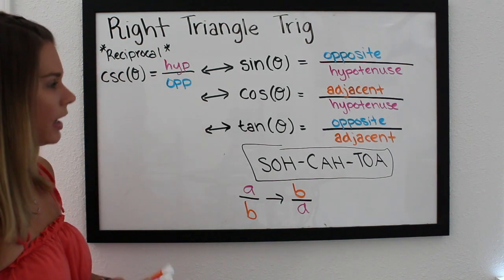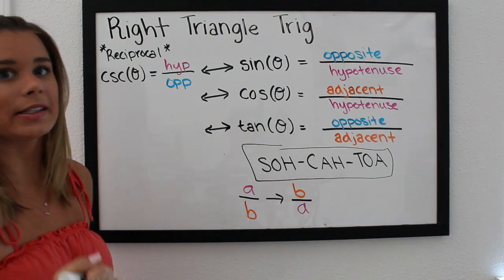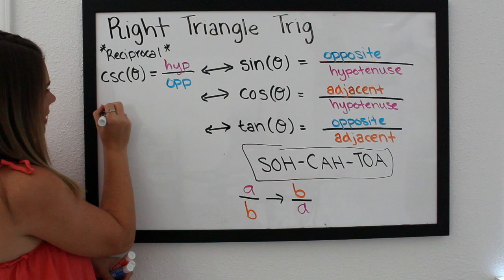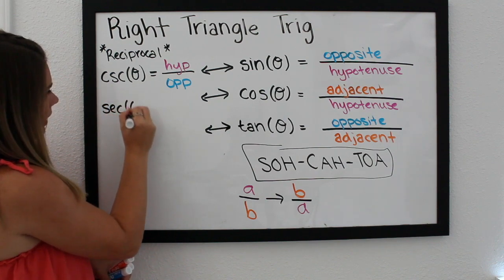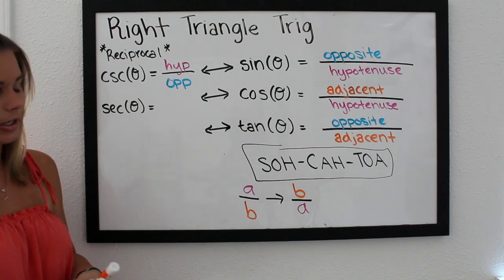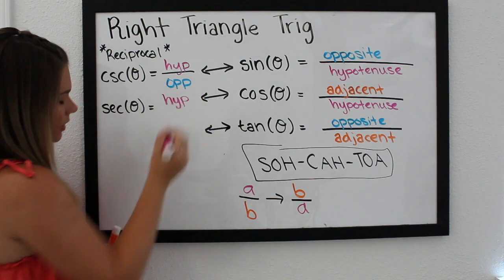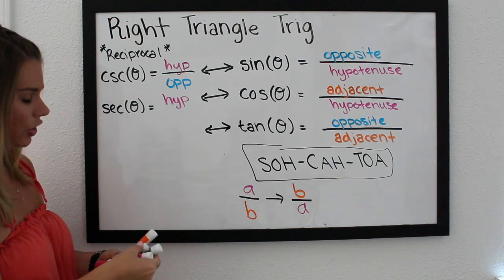The reciprocal trig function of cosine is called secant, or SEC, of theta. So instead of adjacent over hypotenuse, it's going to be hypotenuse over adjacent.